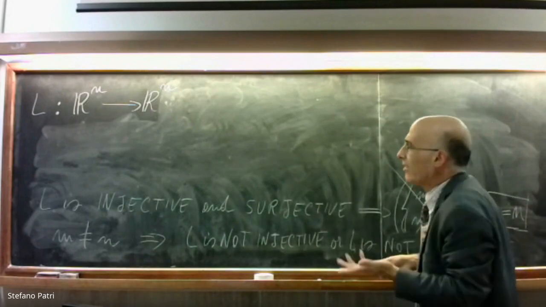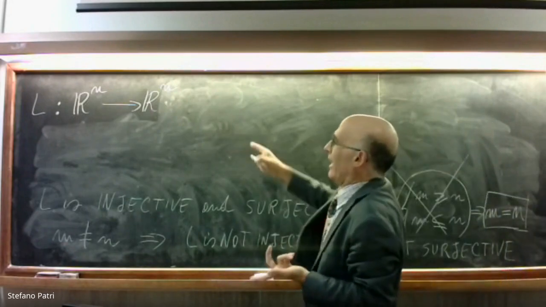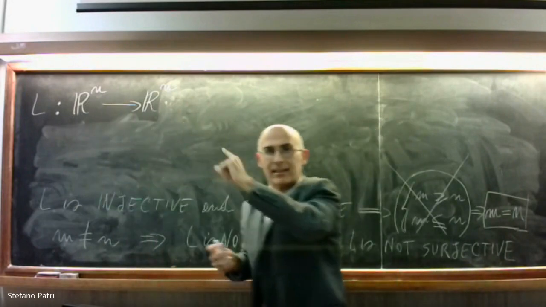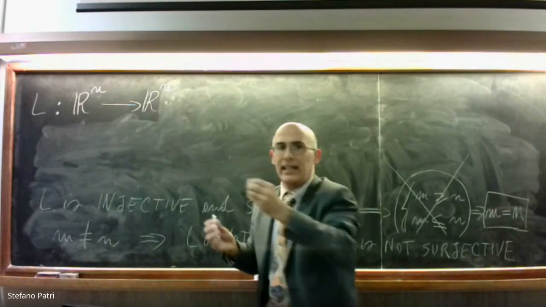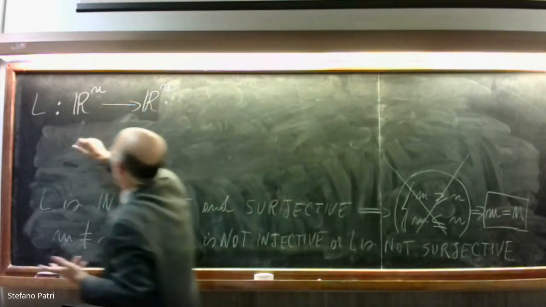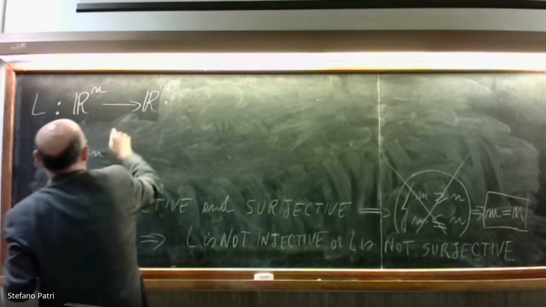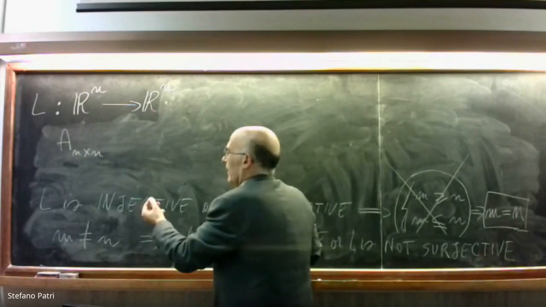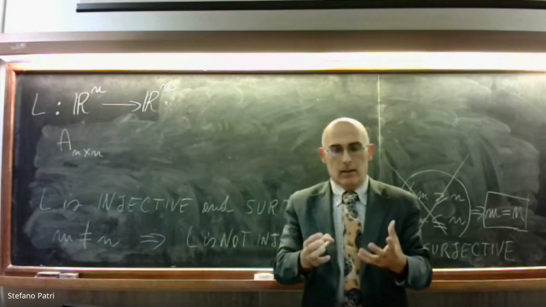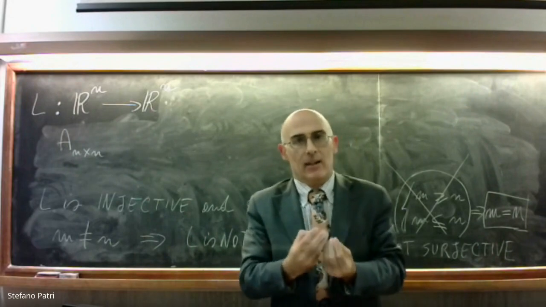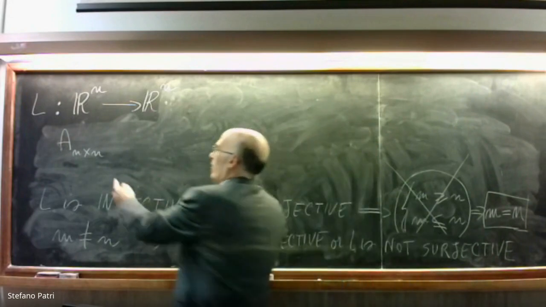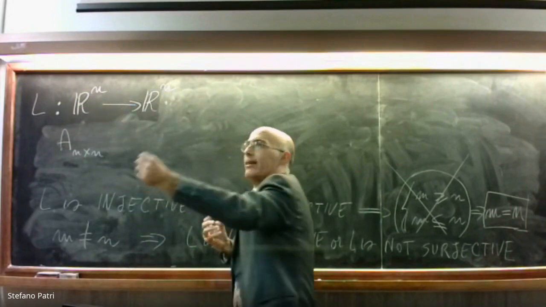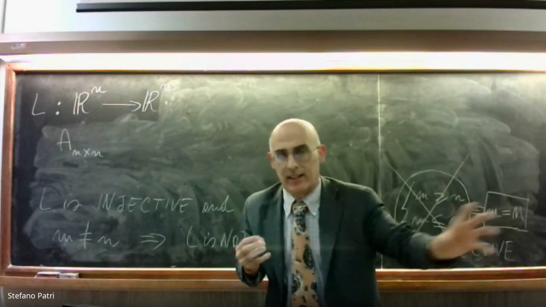Now, the last analysis: if the dimensions are the same, the associated matrix is a square matrix. But what is the property of the matrix associated to a linear application L simultaneously injective and surjective?